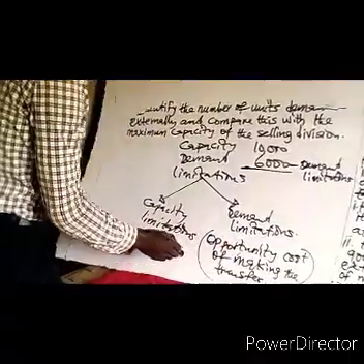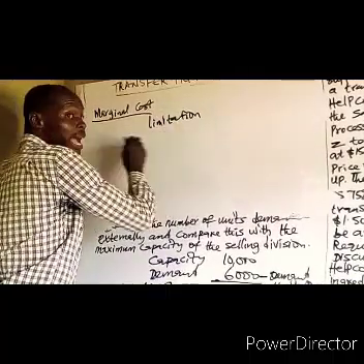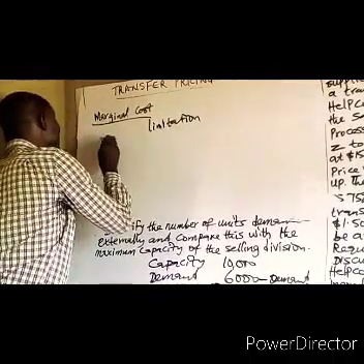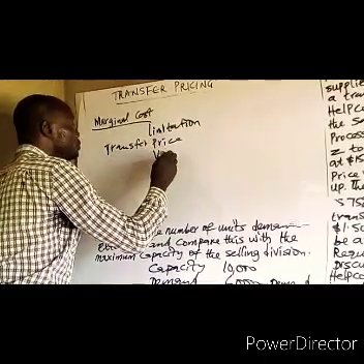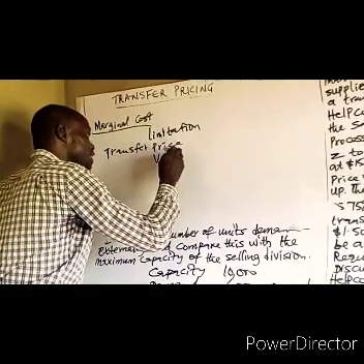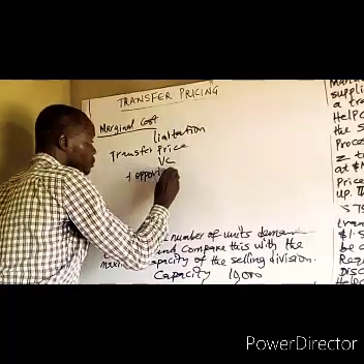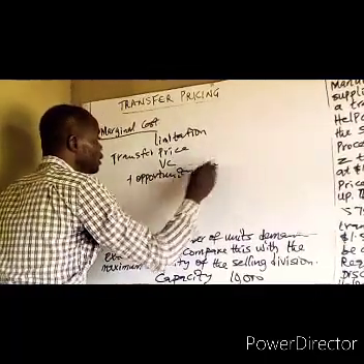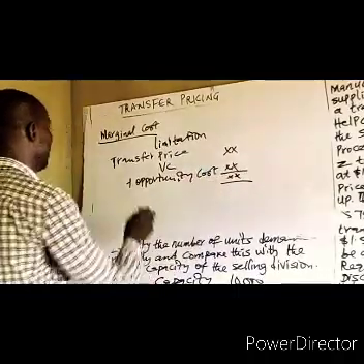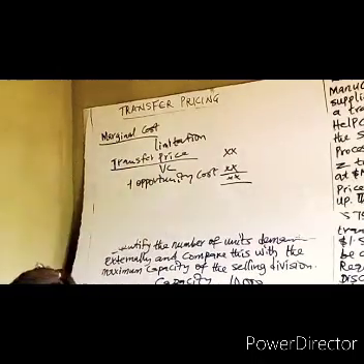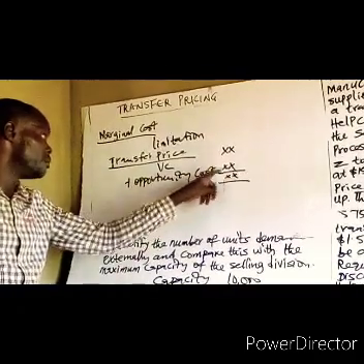So where there are limitations, the transfer price should be the variable cost of production of the selling division plus the opportunity cost of making the transfer.